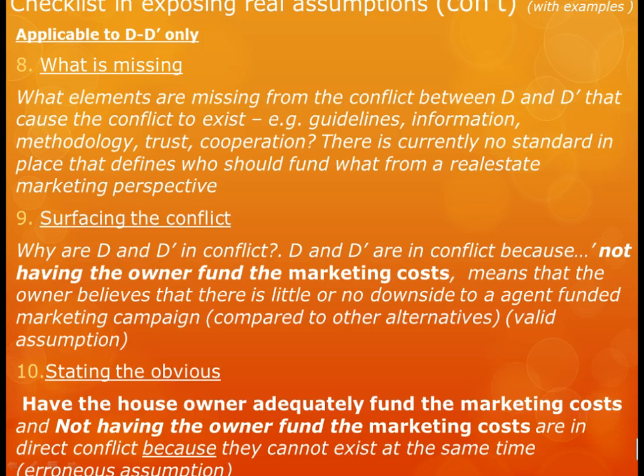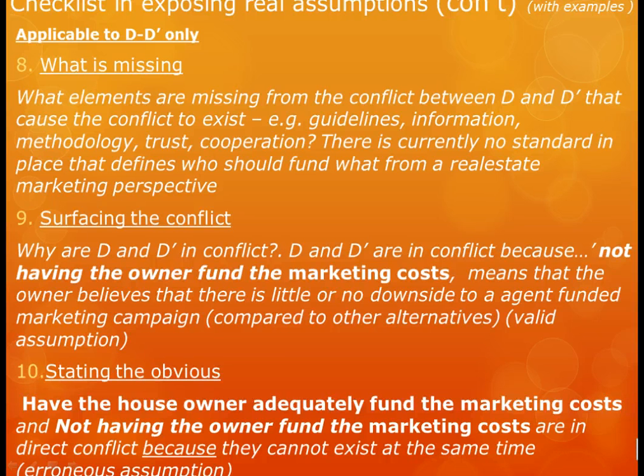The second one is to surface the conflict. In this particular case, I'm using the because as: not having the owner fund the marketing cost means that the owner believes that there is little or no downside to an agent-funded marketing campaign.